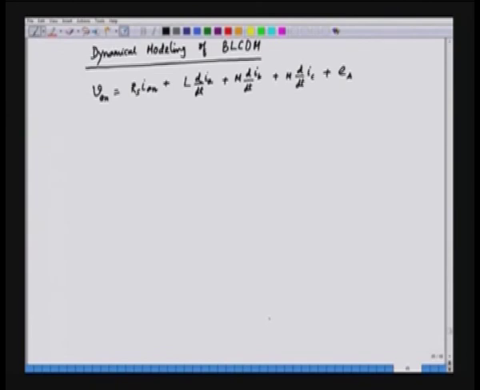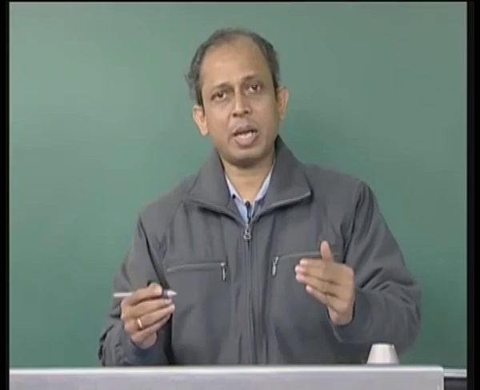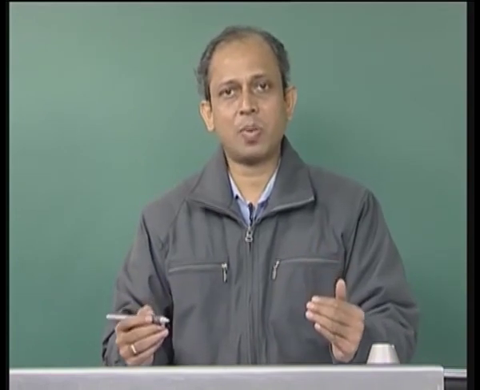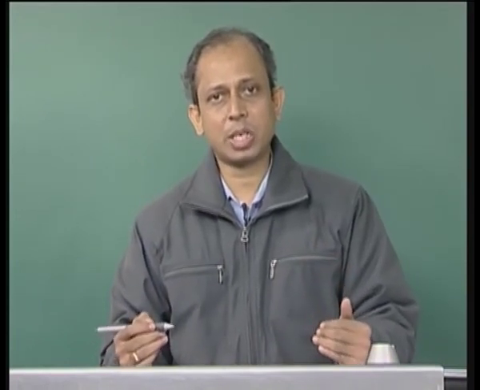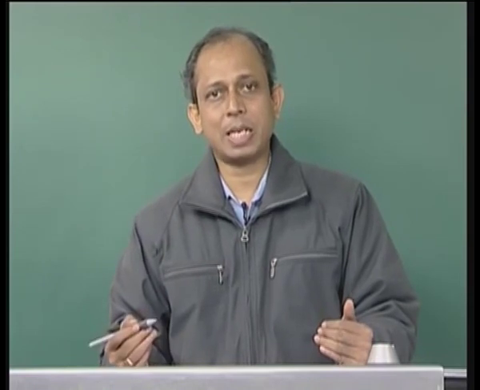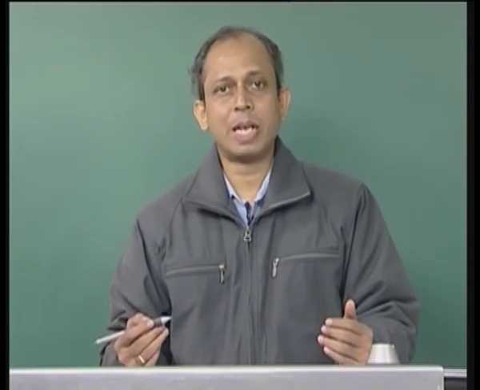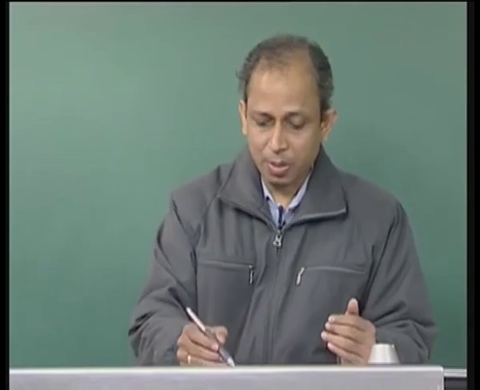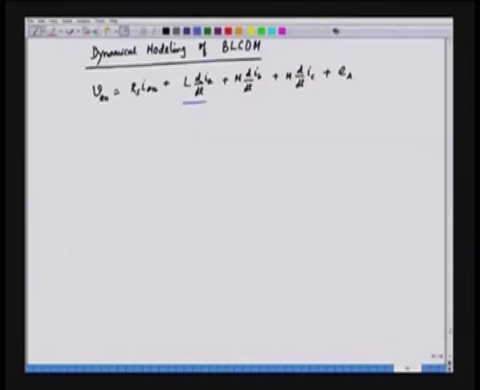Similarly, we can write down the equations for phase B and phase C. These voltage equations for phase A, B and C are dynamical in nature, because they involve the derivative terms L d I_A by dt, M d I_B by dt and M d I_C by dt.